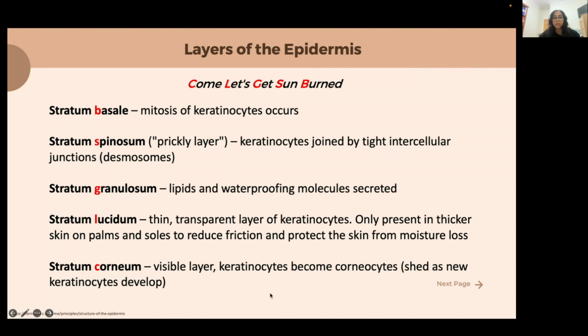It also helps to protect the skin from moisture loss, which is why it's important on the palms and soles. Then lastly, we've got the stratum corneum. This is the visible layer at the top, and this is where the keratinocytes basically shed and become new cells, which are called corneocytes. So those are the four or five main layers of the epidermis.